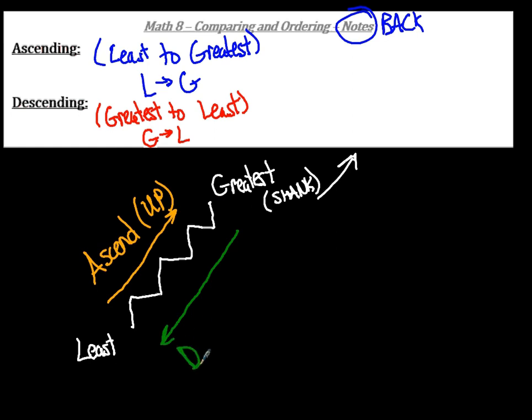We descend. So we descend down the staircase. Again, notice how those two letters are the same. So we go down the staircase, you descend. So this is helpful to have those two definitions in there for yourselves.